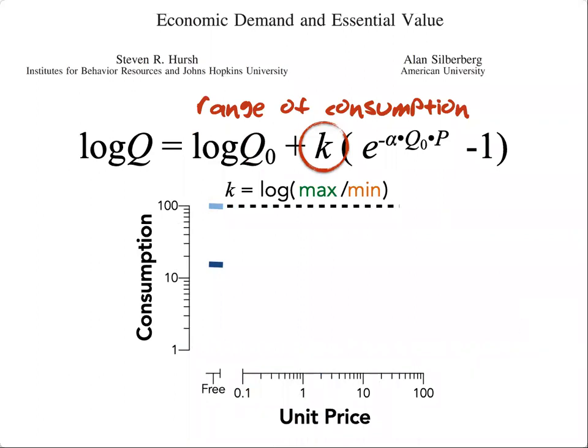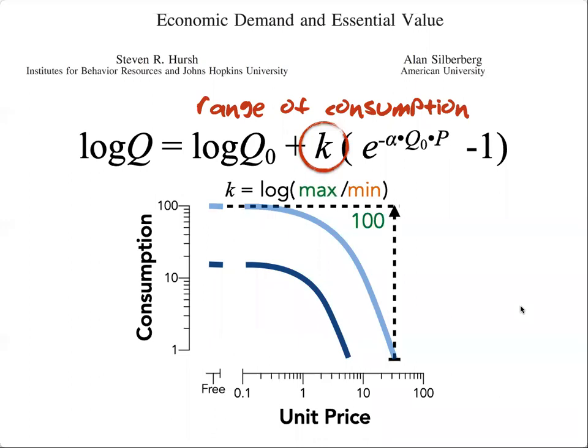So if we have a maximum consumption of 100, and we look at our demand curves and our minimum consumption is 1, then we take 100 divided by 1, that's 100, and we take the log of that. This would tell us that K should equal 2. That's what K represents, is that log span.